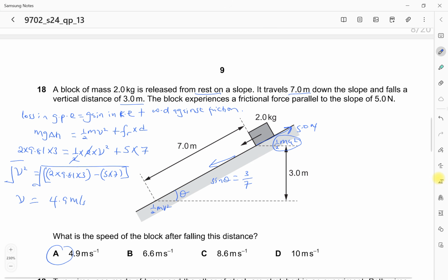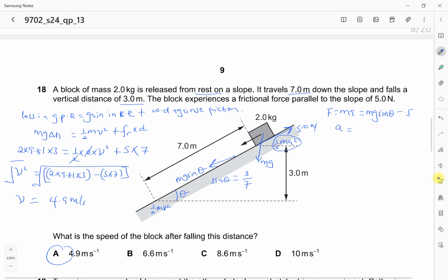The component of the weight, mg, which acts parallel to the plane is mg sine theta. So the resultant force F, which is mass times acceleration, is mg sine theta minus the friction, which is 5.